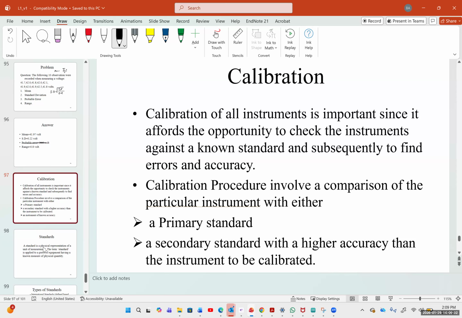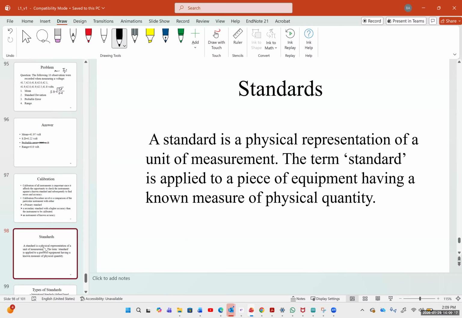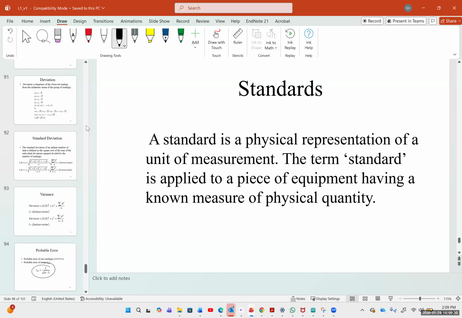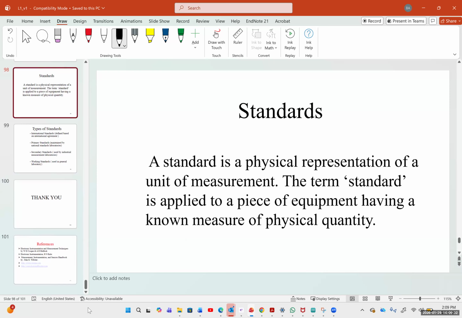The calibration process involves a comparison of the particular instrument with either a primary standard or a secondary standard with a higher accuracy than the instrument to be calibrated.